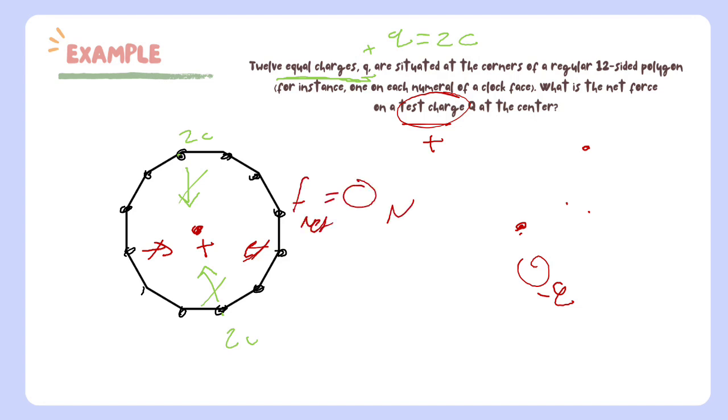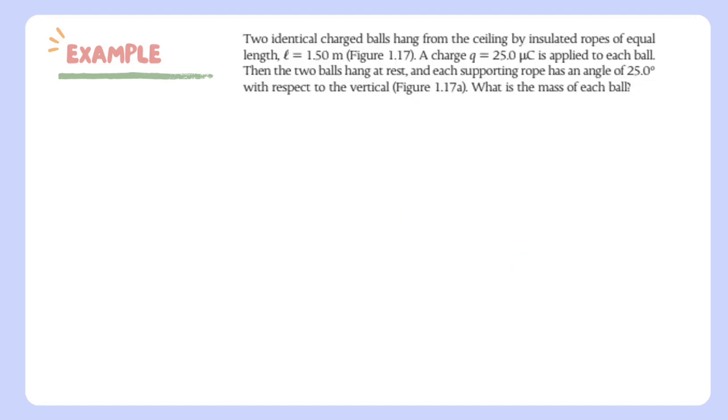As easy as this. So we have 2 identical charged balls hanging from the ceiling by insulated ropes of equal length, L equals 1.5 meters. A charge Q equals 25 microcoulombs is applied to each ball. Then the 2 balls hang at rest and each suspended rope is at an angle of 25 degrees with respect to the vertical.